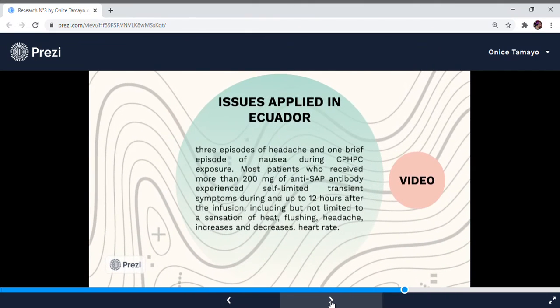Safety: 3 episodes of hepatic events and 1 brief episode of nausea during CPHPC exposure.